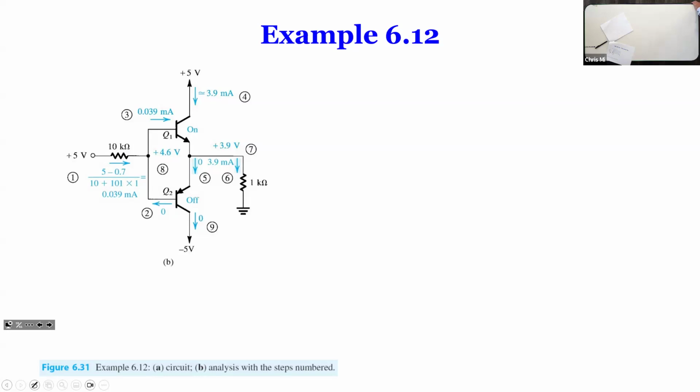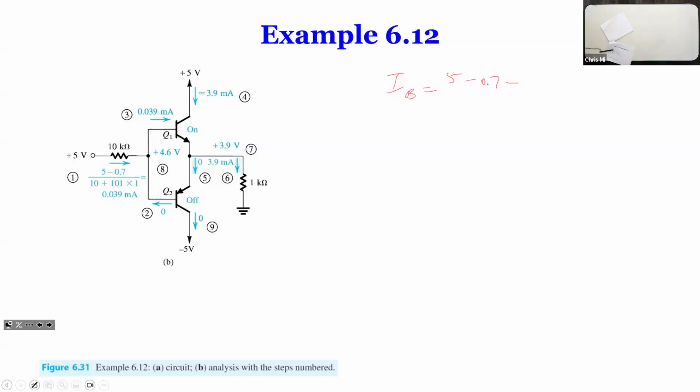Oh, okay. The thing is, when you want to calculate current IB, it's going to be this 5 volts minus 0.7, and then minus all the way here.